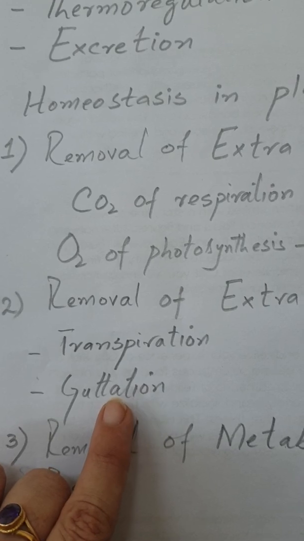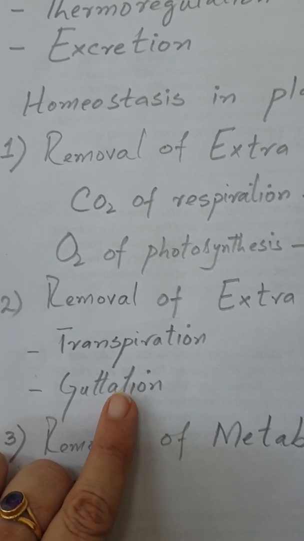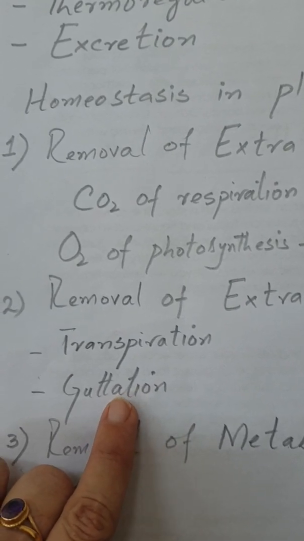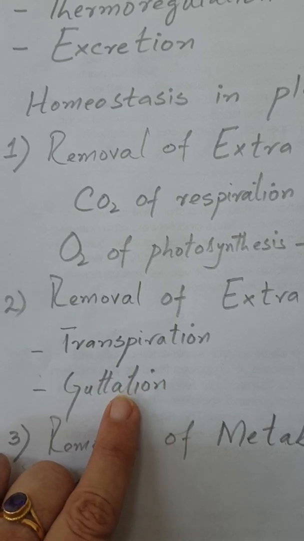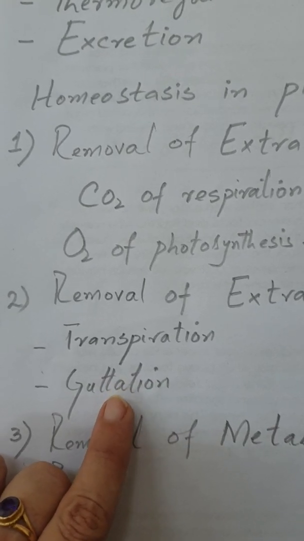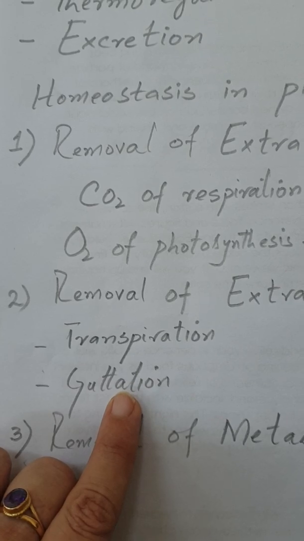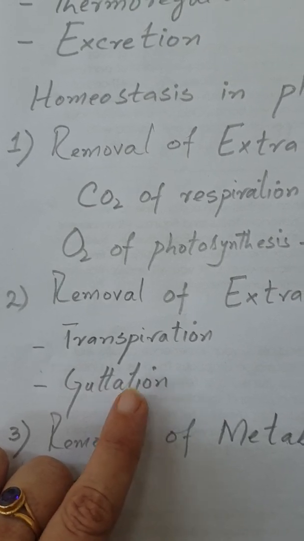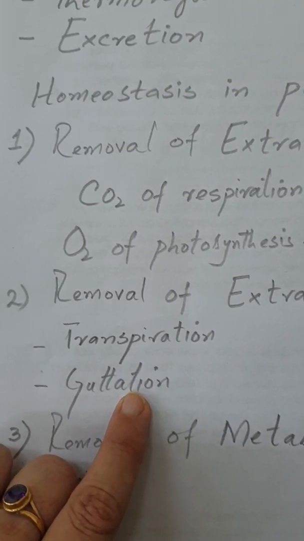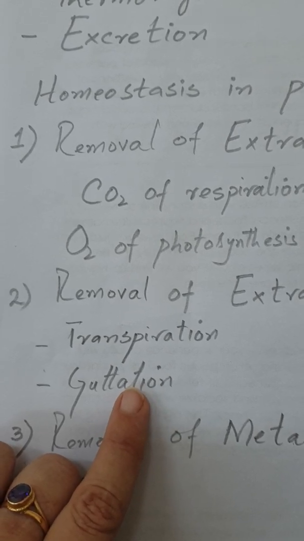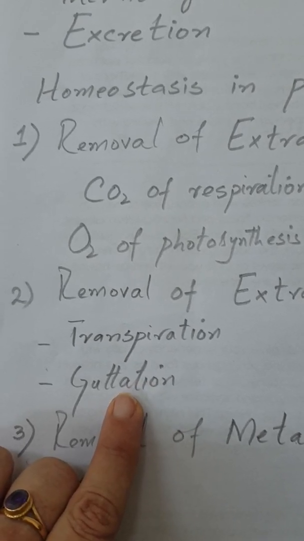The plant has extra water and needs to release it. They release it through special structures or cells known as hydathodes. Hydathodes release extra water, and we can see that water like dew drops on the stem.